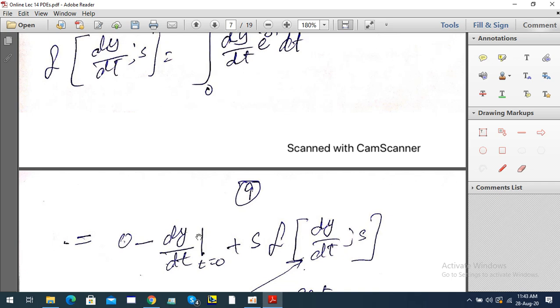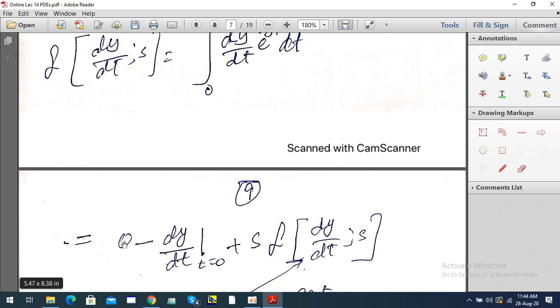Okay, and the lower limit is t equal to 0. So this is the upper limit, e power minus st dy by dt, and then the lower limit at t is equal to 0.